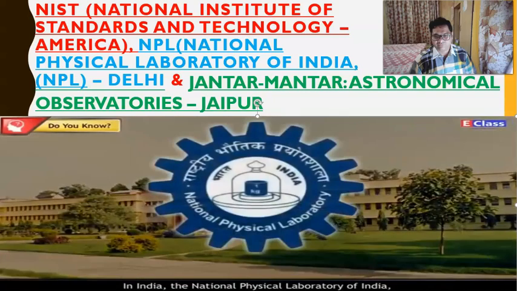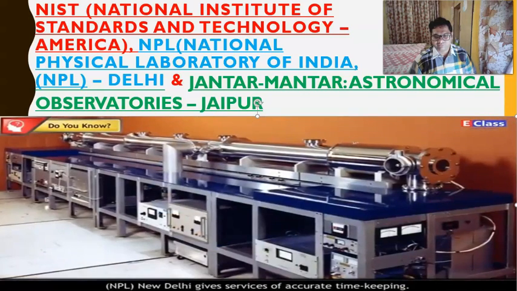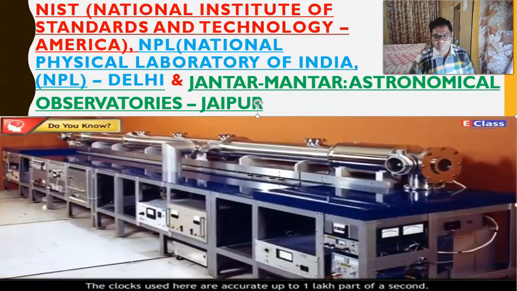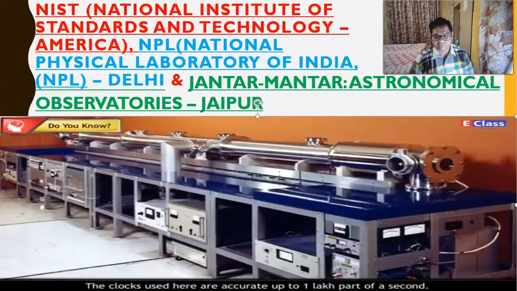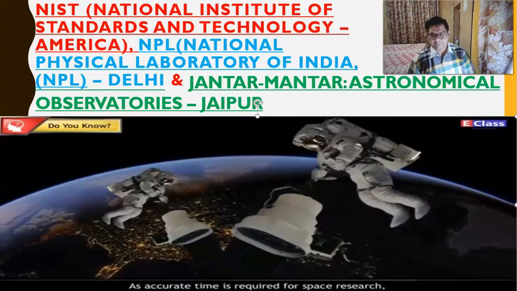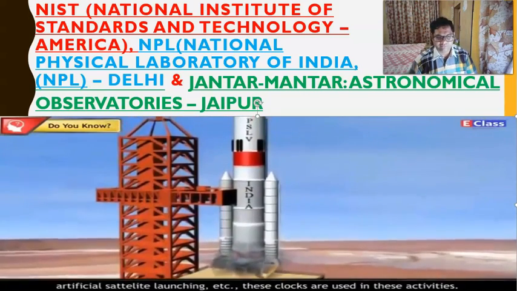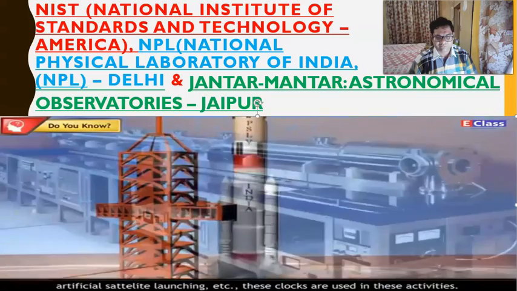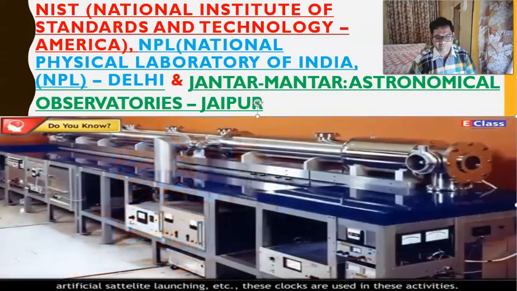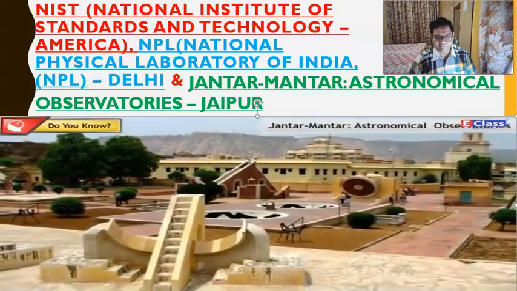In India, the National Physical Laboratory of India, NPL, New Delhi, gives services of accurate timekeeping. The clocks used here are accurate up to 1 lakh part of second. As accurate time is required for space research, artificial satellite launching, etc. These clocks are used in these activities.